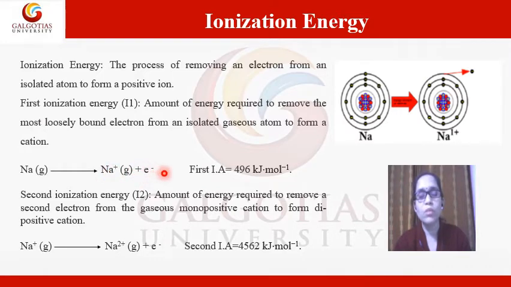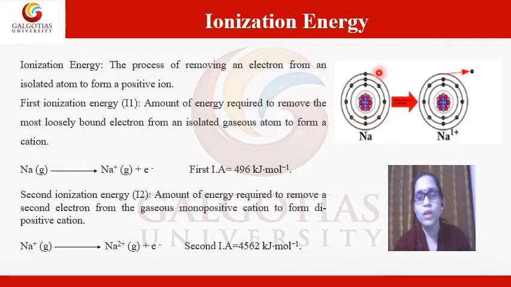So what is the amount of energy required here? The first ionization energy of sodium is 496 kilojoule per mole. That means this much energy is supplied to sodium, or absorbed by sodium, to convert it into sodium plus ion. Here you see the electronic configuration of sodium.